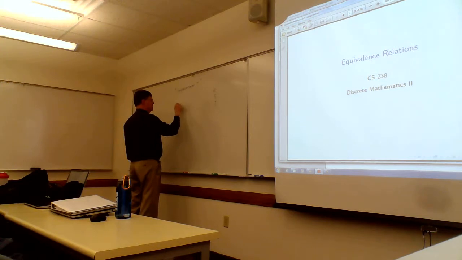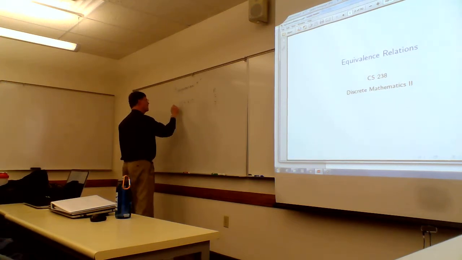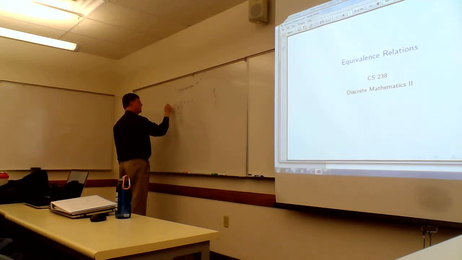In fact, he lists the equivalence classes by their canonical representative, but that's not the only representative of these classes, right? If we were to list them all, we'd have 0, 4, 8, 12, and so on. We'd have -4, -8, -12, and so on.